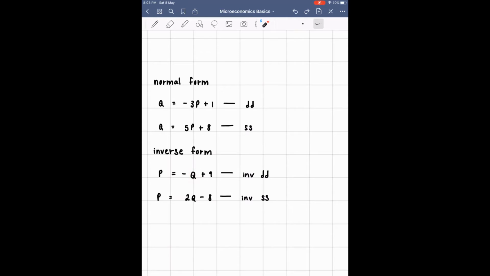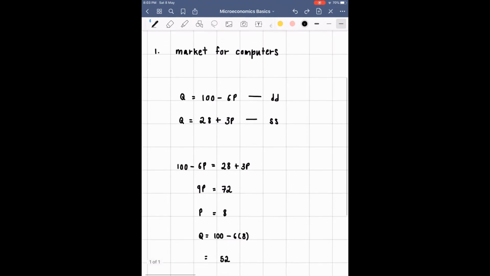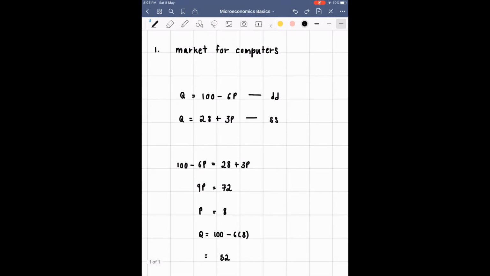Alright then, now that we have understood this, let us move on to solving a question when we are given the inverse form. This particular question, question 1, is the same question which I solved in the previous video, and these two are the normal form of demand and supply functions.